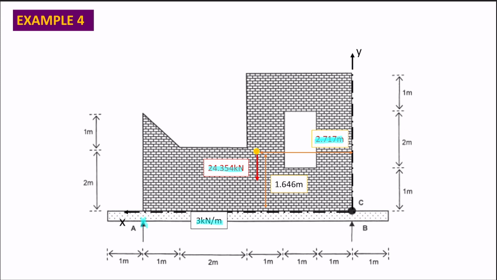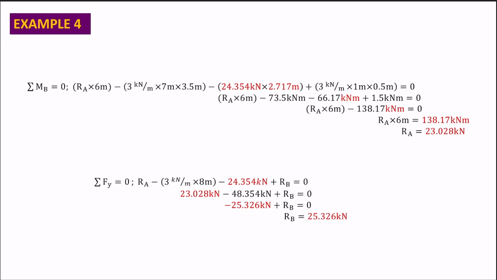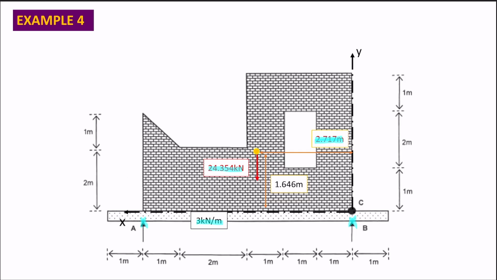Kalau you nak ambil dekat A atau dekat B. And in my case here, calculation saya take dekat B. Firstly, we have one reaction at A, which is RA pergi ke B. So this is clockwise, positive, times with distance dia adalah 1 meter plus 2 meter plus 1 meter plus 1 meter and another 1 meter equal to 6 meter.